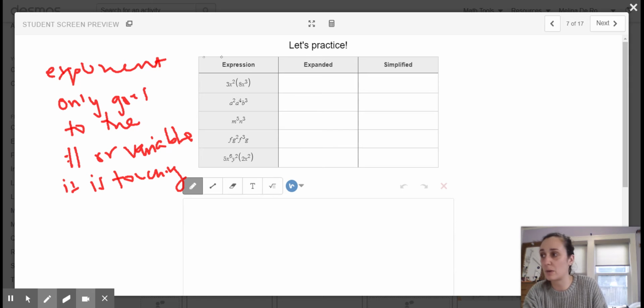This pen isn't working very well, but basically 3x squared means that I am doing 3 times x times x.